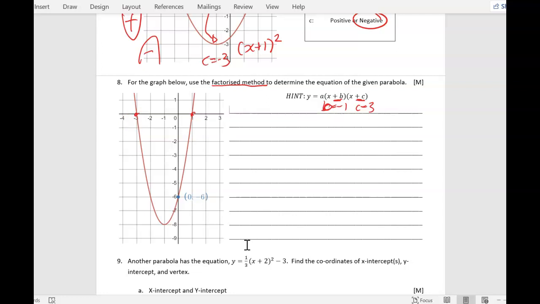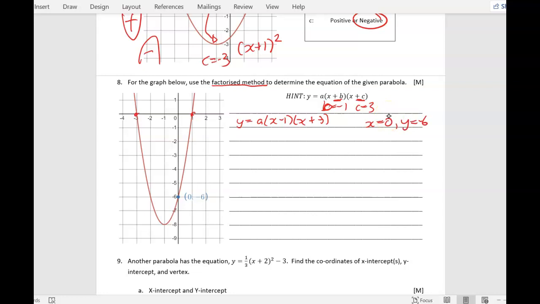We're now going to substitute that in. So y is going to be equal to a(x minus 1)(x plus 3). We're now going to use the other reference point here. At that point, we're told that x is equal to 0 and y is equal to -6.